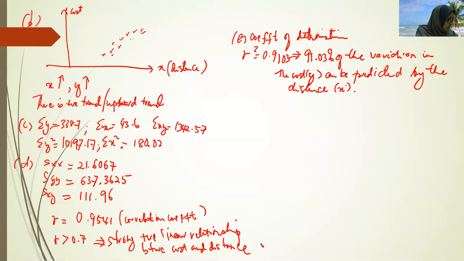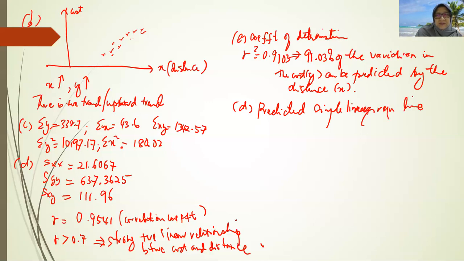Then from there, you need to estimate the coefficients and find the fitted regression line, or predicted simple linear regression line, where y hat is equal to beta naught hat plus beta 1 hat x.